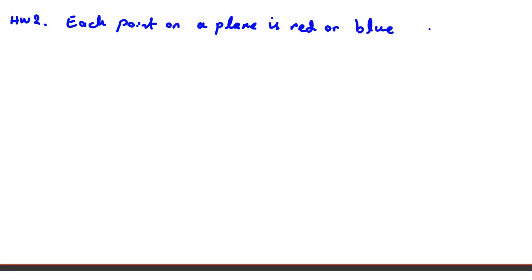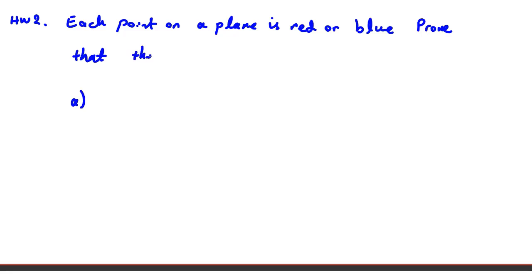Homework number 2. Each point on a plane is red or blue. May I correct this part? Each point on a plane is red or blue. Prove that.